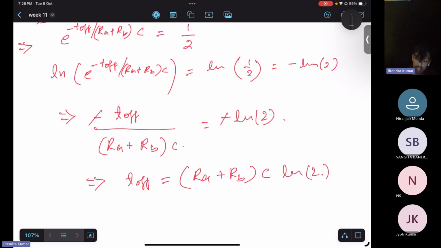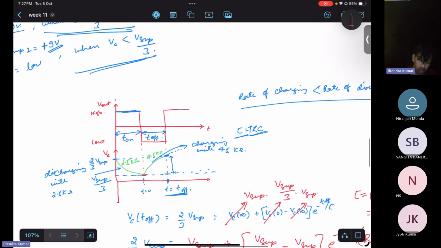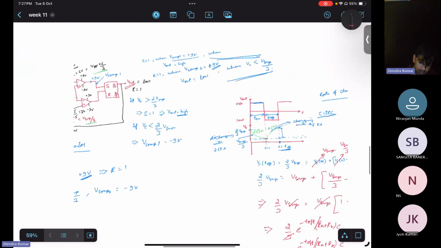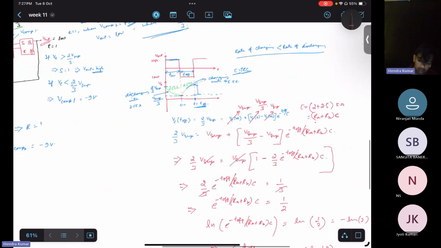In our case, Ra plus Rb is nothing but 4.5 kilo ohm. Value of C is given, right? 0.25 millifarad, if I remember correctly. Yeah, 0.25, so 250 microfarad.